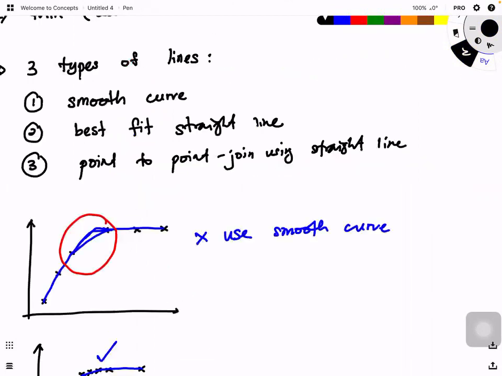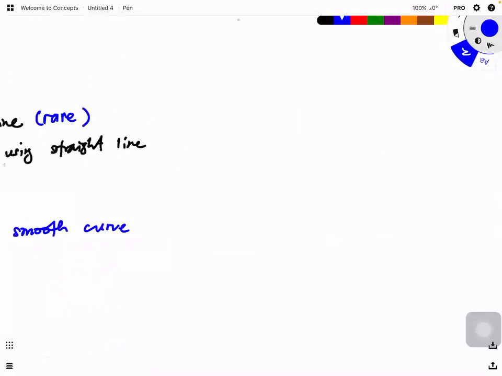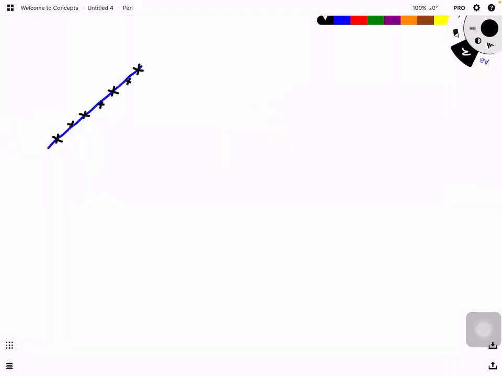Now, second, best fit line. This is the rare form. Very, very rarely do we use a best fit straight line. Most of the points must be located on my line, and even if some points are not on my line, they must be close enough to touch it. Then you can use a best fit line. In biology, most of the graphs have a limiting factor, so the graph levels off and you get a plateau.